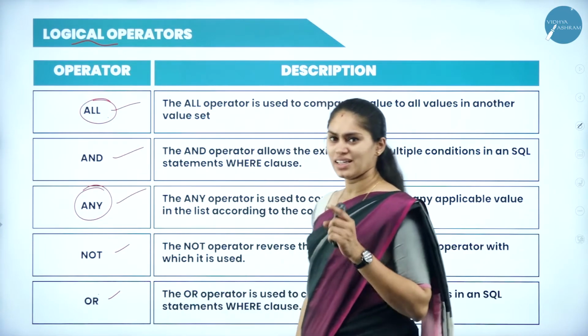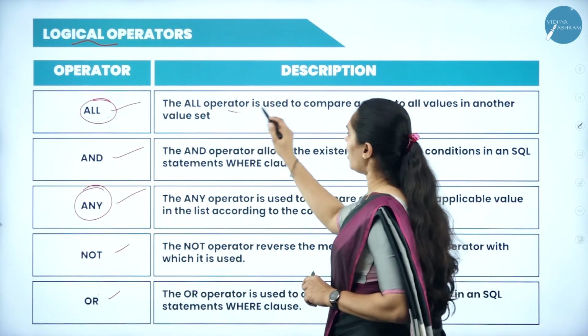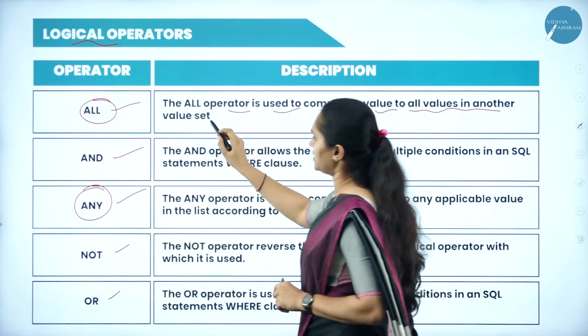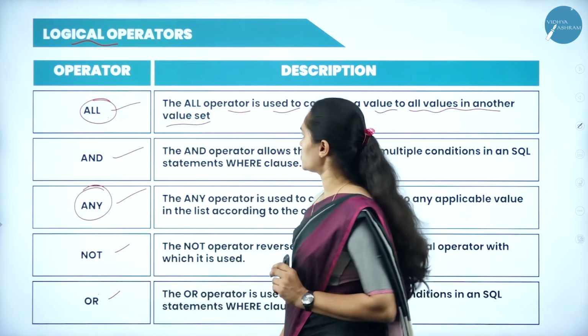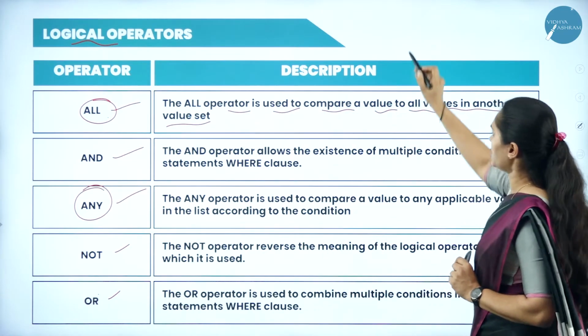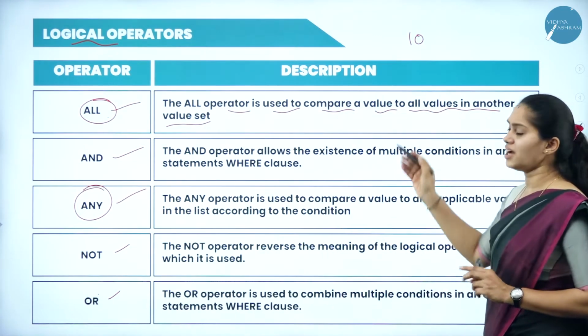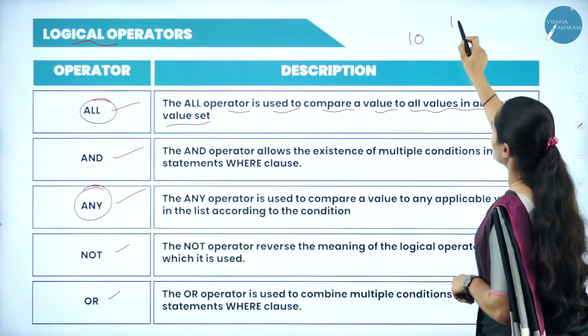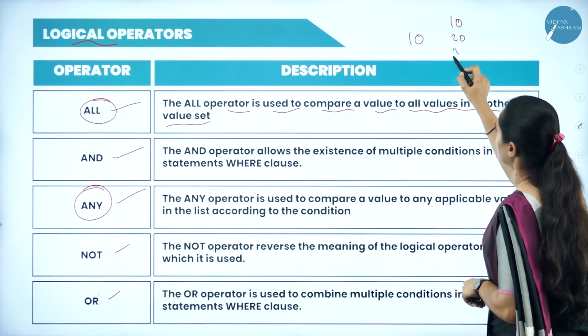The all operator is used to compare a value to all the values in another value set. Just imagine you have 10 on one side, and I have a set of values like 10, 20, 30.